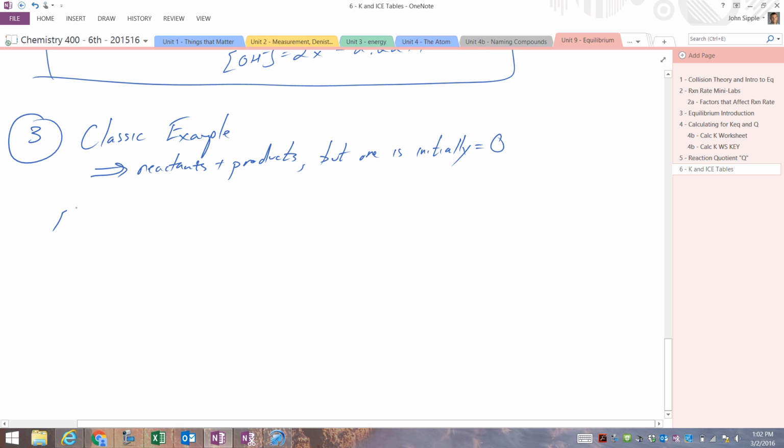Here's the problem. Find all the concentrations at equilibrium for the following.